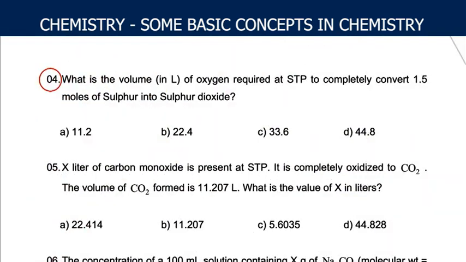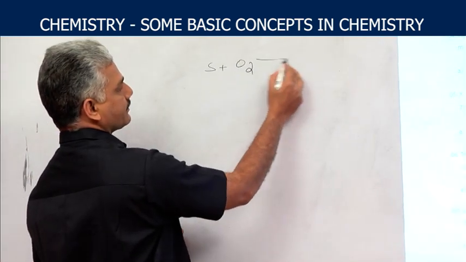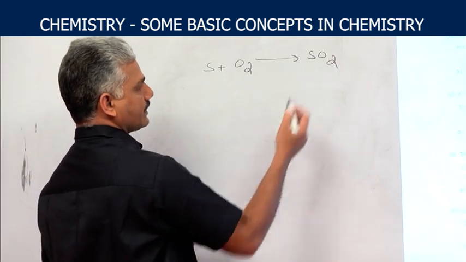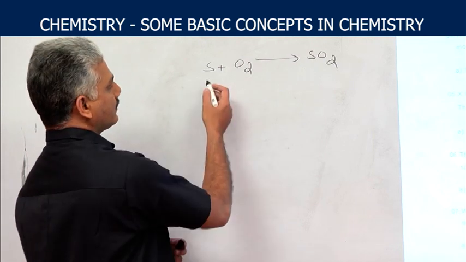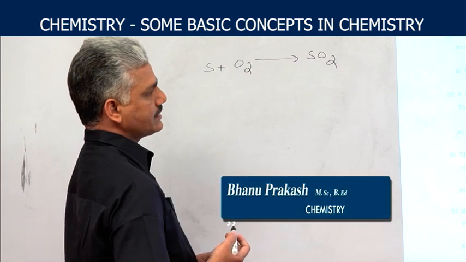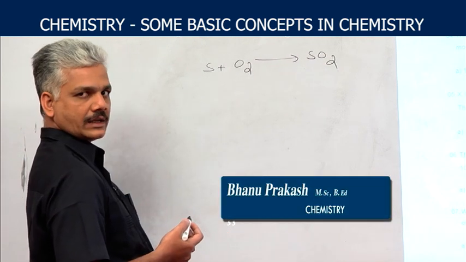What is the volume of oxygen required at STP to completely convert 1.5 moles of sulfur into sulfur dioxide? Sulfur with oxygen. When sulfur is made to react with oxygen, you will get sulfur dioxide. So, the molar relation required is between sulfur and sulfur dioxide.